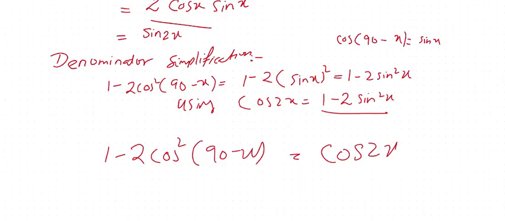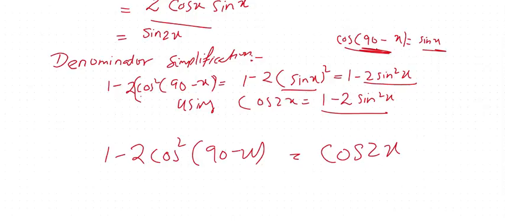As you can see, cos(90 degrees minus x) equals sin x, so I put 1 minus 2 into sin x whole square, which is 1 minus 2 sin square x, and by the double angle identity, this equals cos 2x.